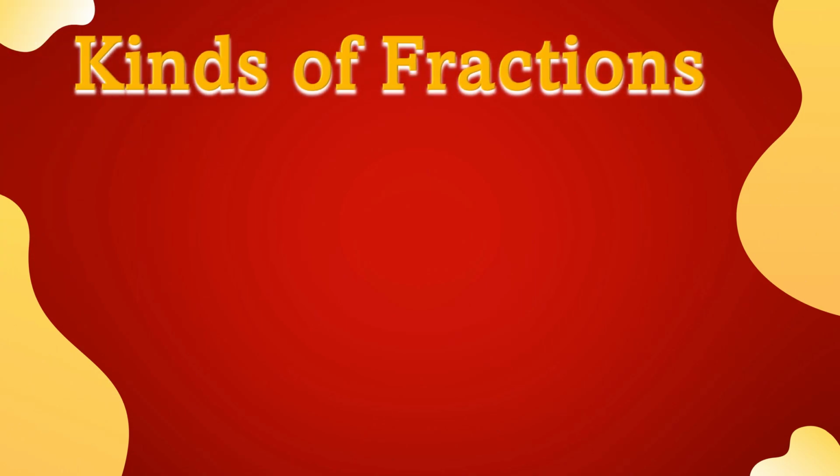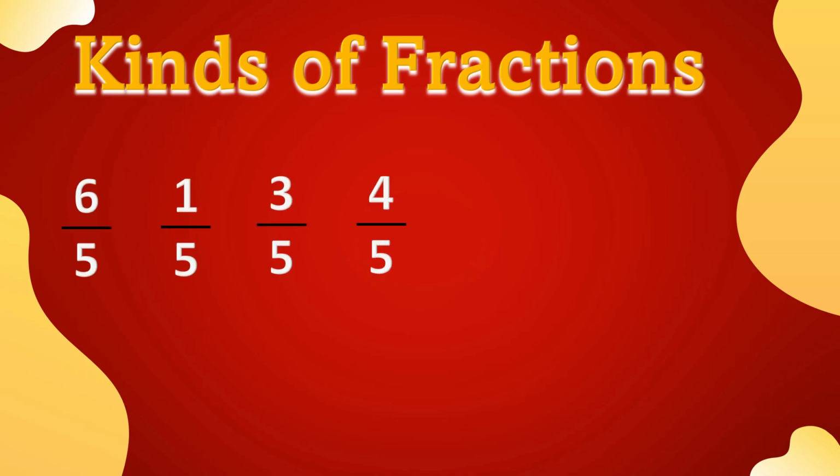So, let's move on to the kinds of fractions. Ano naman to? Kanina, kinds of fraction. Ngayon, kinds of fractions. Ibig sabihin, group of fractions. Ayan. So, yung first group at second group, paano kaya natin siya ma-identify?